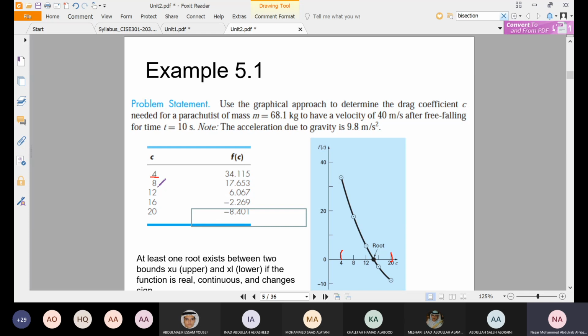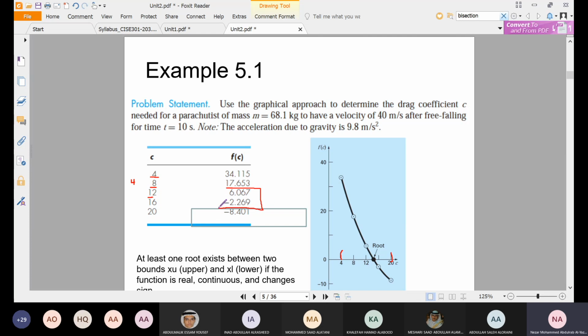After that, the step size now is 4. The step size that I use is huge, large. After that, at 8, I will get a positive value. At 12, 6. And when I substitute 16, I will get a negative.